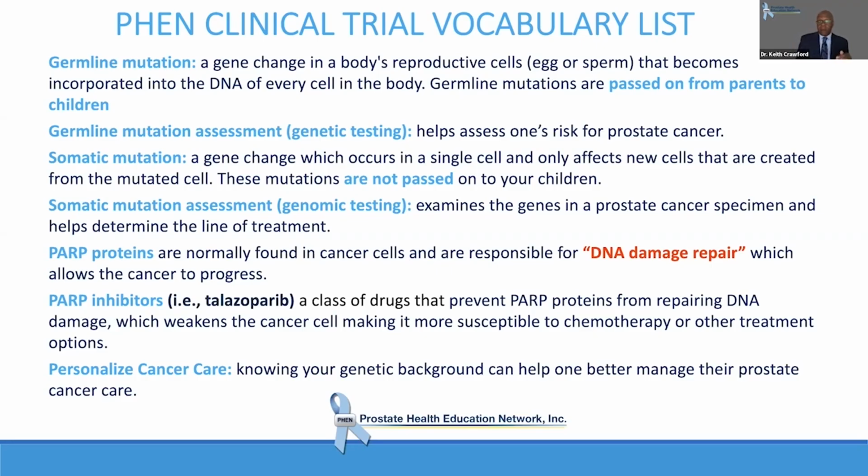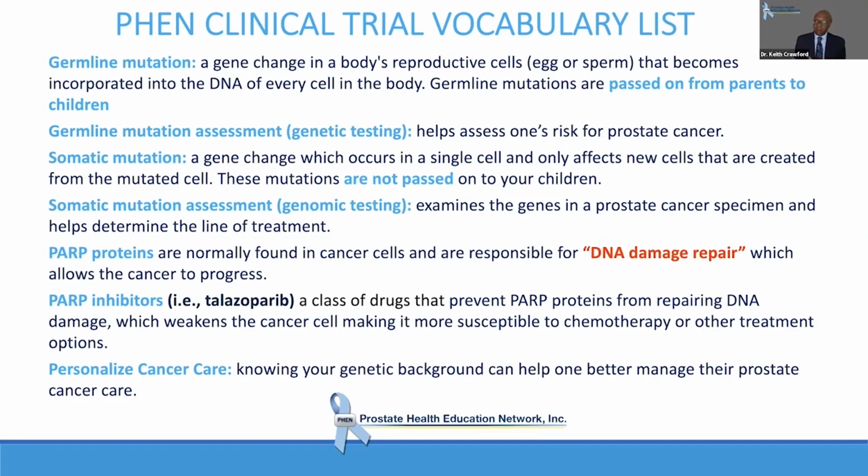Now, you'll hear about PARP proteins, which are normally found in the cancerous cell and are responsible for DNA damage repair. But what happens if you have a molecule or a therapy that interferes with damaged DNA repair? There's a class of drugs called PARP inhibitors that prevent these PARP proteins from repairing the DNA damage. This weakens the cancer cell, making it more susceptible to chemotherapy or other treatment options.